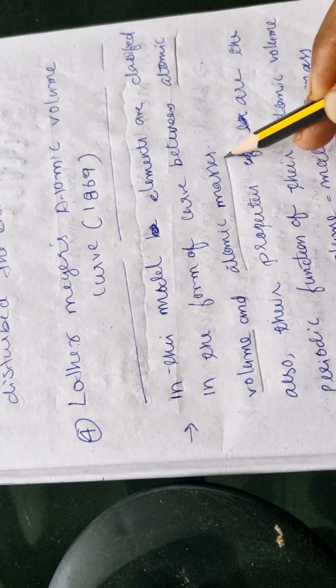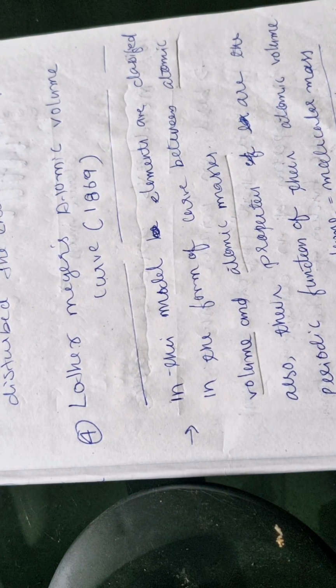He took both the atomic volume and atomic mass of each element, drew a curve, and through this curve he classified the elements.